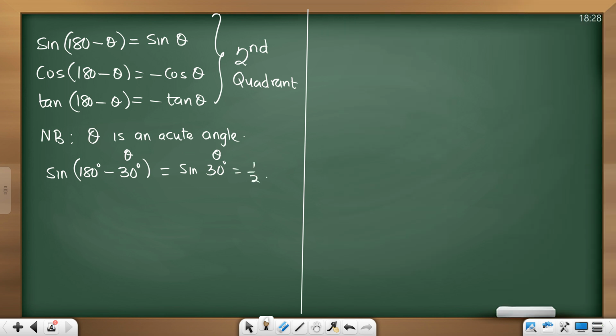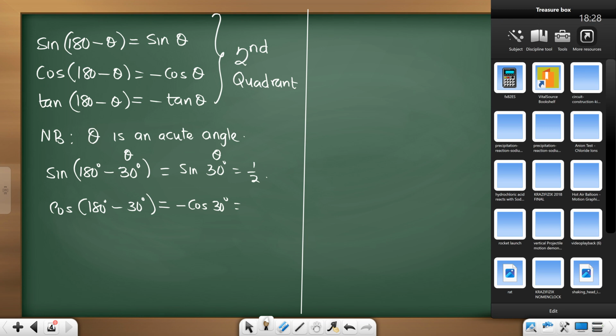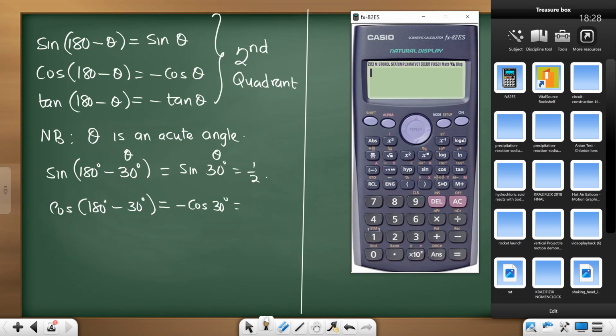Okay, let's try something. What if I replace this with cos 180 degrees? From what we did, we said in the second quadrant cos is negative. So negative, and what's my angle? I'm using 30. Let's check on a calculator. I am doing the left hand side while you are doing the right hand side. I'm using cos, right? 180 minus 30. Is it the same answer?